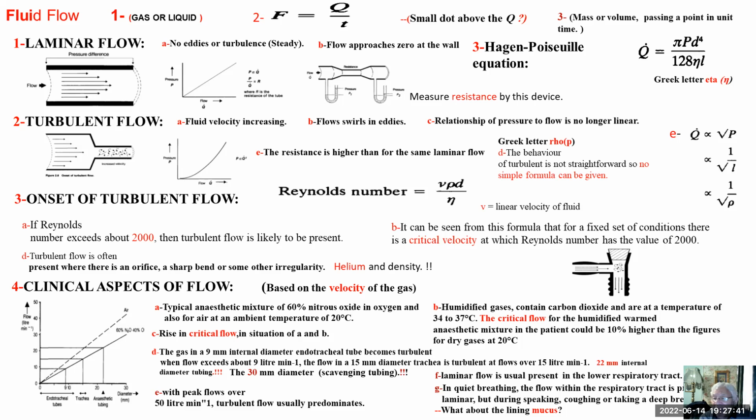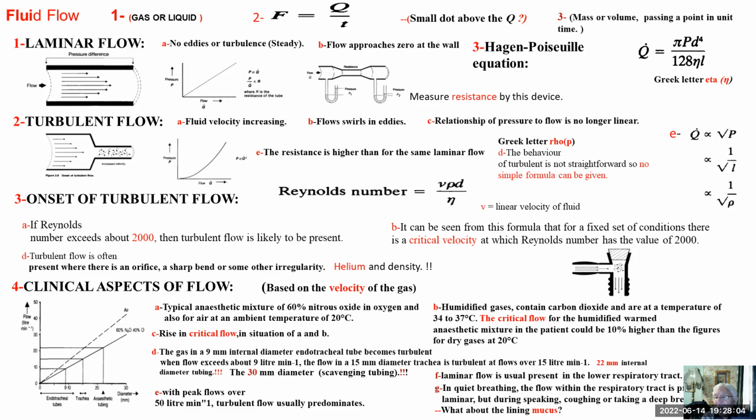The factors affecting the turbulent flow: it is proportional to the square root of the pressure difference, inversely proportional to the square root of length, and inversely proportional to the density, which is called rho.